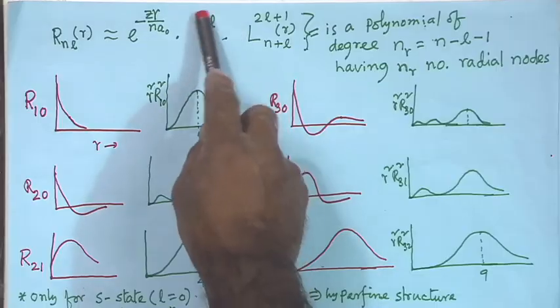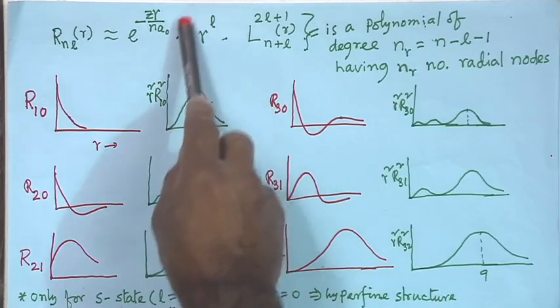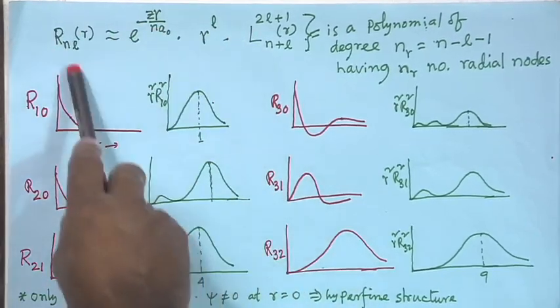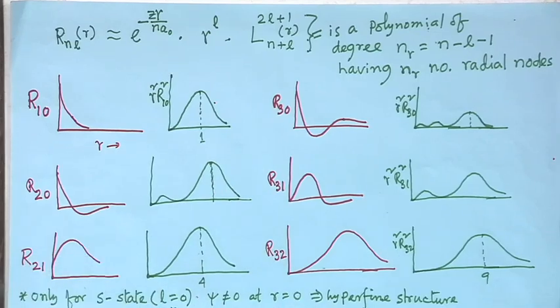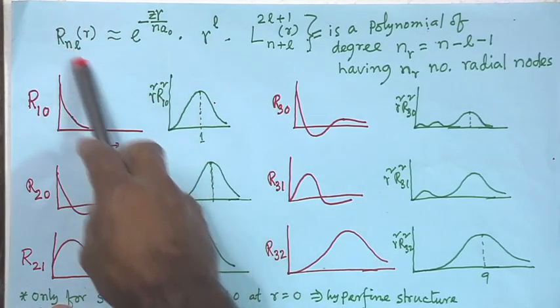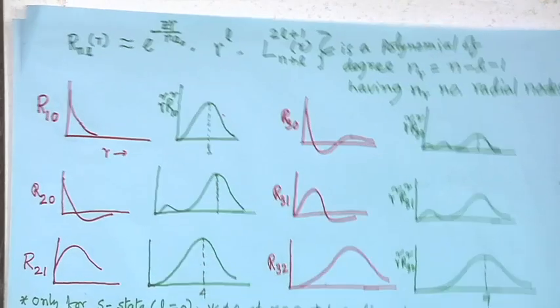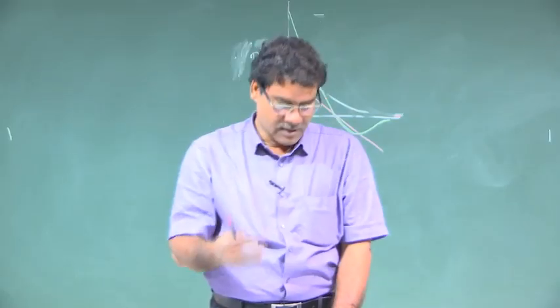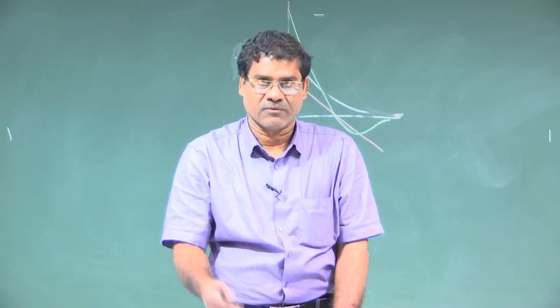So, for higher value of L, this will make the wave function smaller and smaller. That means when r tends to 0, the wave function will go to vanish.